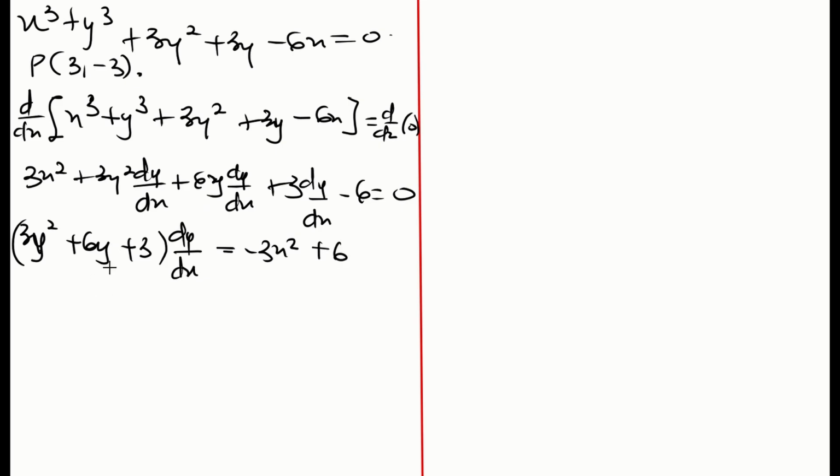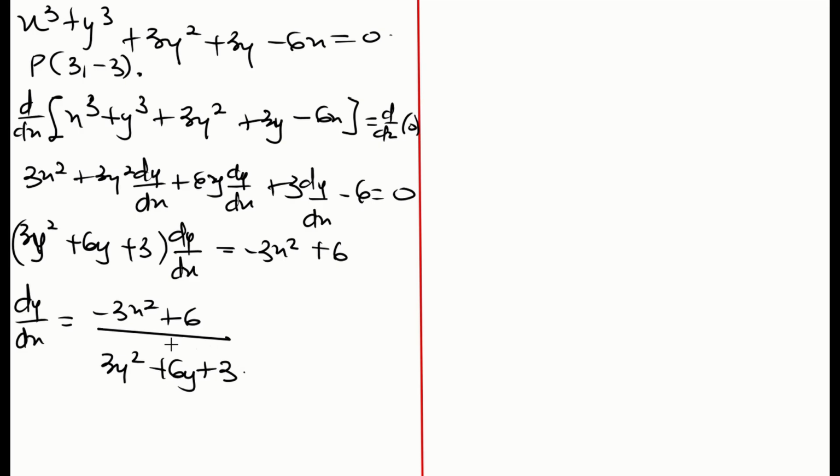Then we make dy/dx the subject, and this gives minus 3x squared plus 6 all over 3y squared plus 6y plus 3. Now this is the slope of the tangent.